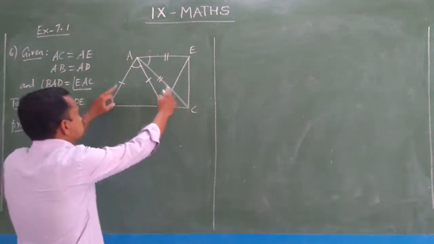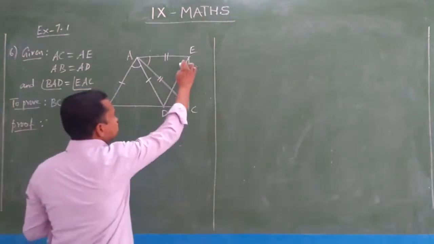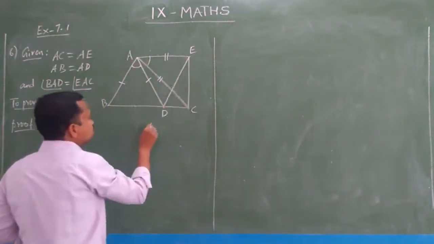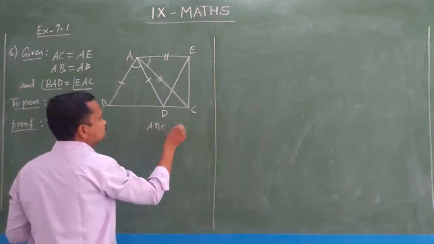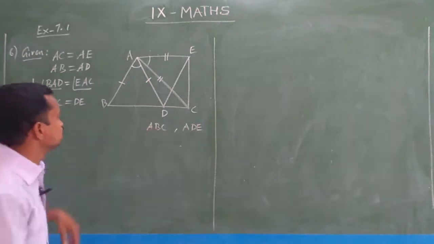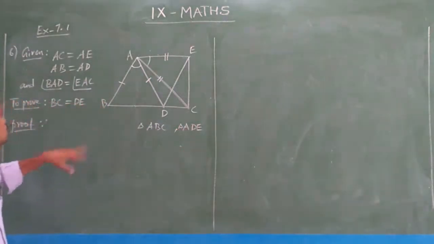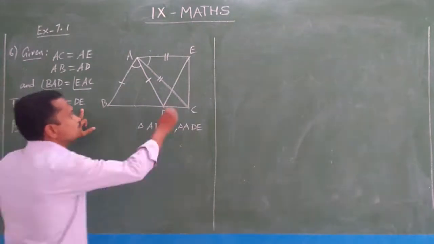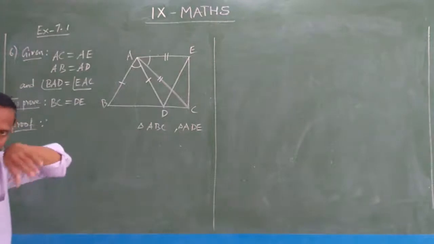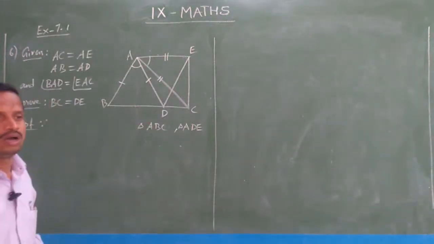So that triangle is ABC. And DE is where? Here. So with this, we have the triangle ADE. So these two are the triangles formed by that side BC, and DE forming ADE. So like that we can get an idea from the given matter and what we have to prove. So everything we have to analyze.